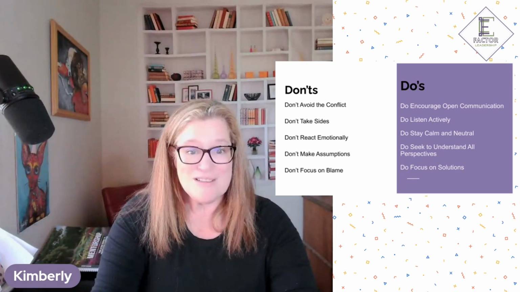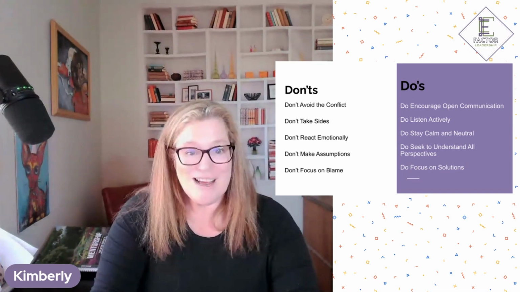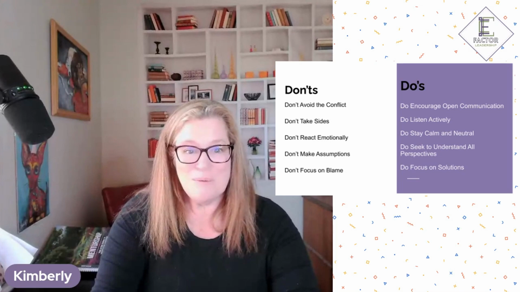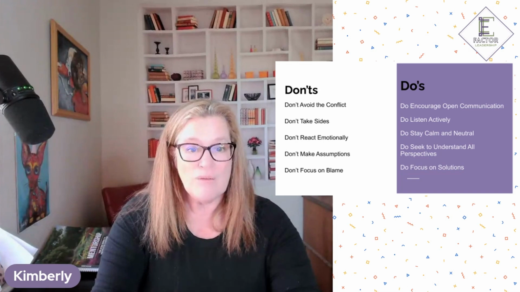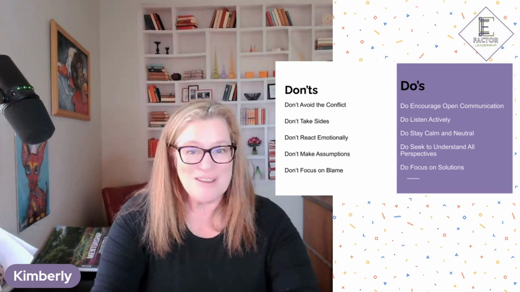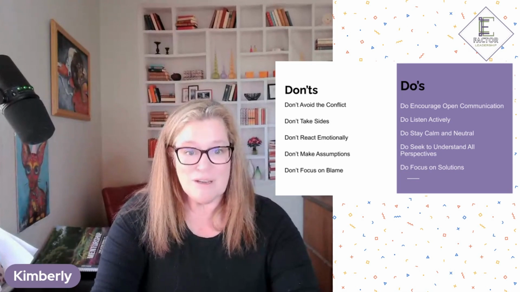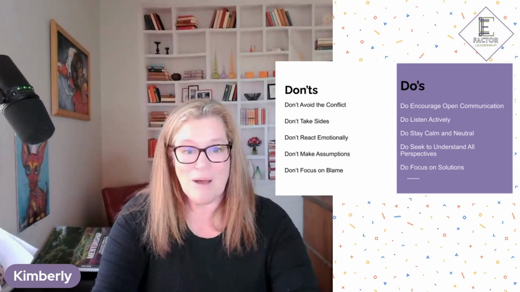The next don't is do not react emotionally. When we get hijacked by our emotions, we do not make good decisions and things tend to escalate. So it's really important to stay calm and neutral and let go of those emotional reactions, because a lot of times that emotion will lead us to making assumptions or creating stories about why a person did what they did.